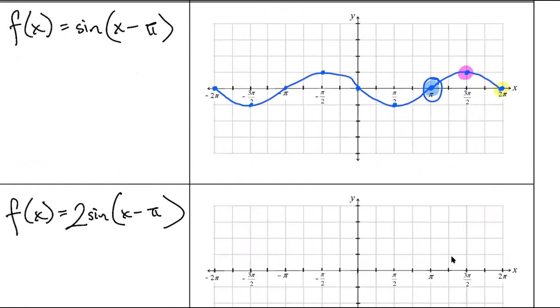All right, so now what is the one point that I can already draw for this third graph? Because it's going to stay the same. Everything else is going to change, but that center point is going to stay. Now the pink point in the graph above is 2 boxes away, or pi over 2 units away. But now I want it to be half as far away. It's only going to be 1 box away.